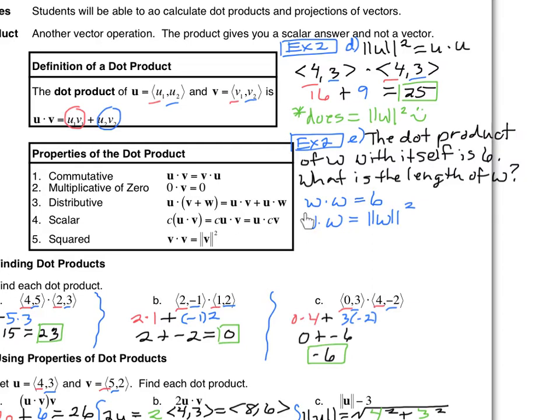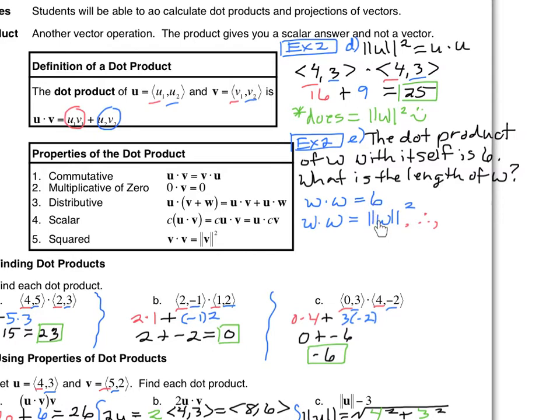So if the dot product to itself is 6 and the dot product to itself is the magnitude squared, what can you conclude? Can't I, if these are equal here, set those equal to each other?